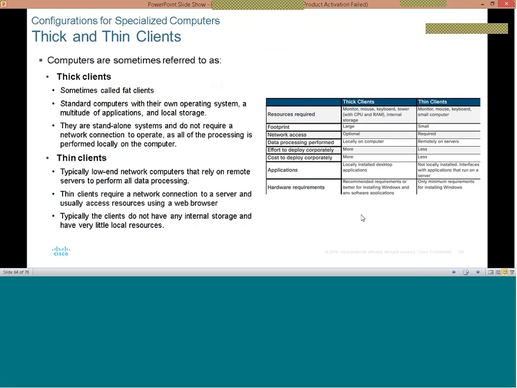So we have a thick and a thin client. Computers are sometimes referred to as thick client or thin client, sometimes called the fat client or the thick client. These are standard computers with their own operating system, a multitude of applications and all that stuff.